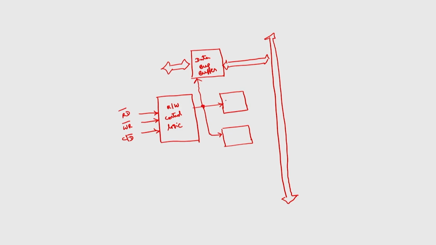So, this one is called the control word register, and this is the status word register. This is 8 bit, whereas this is 16 bit.